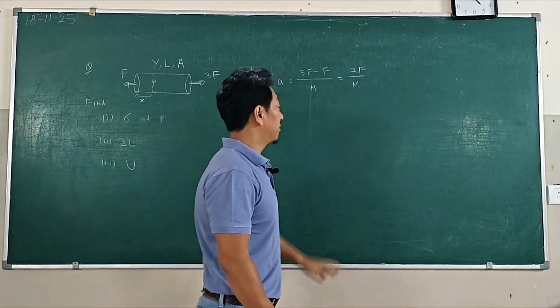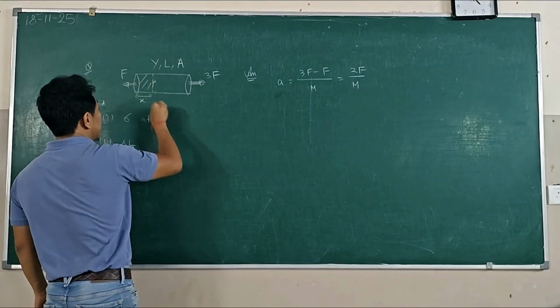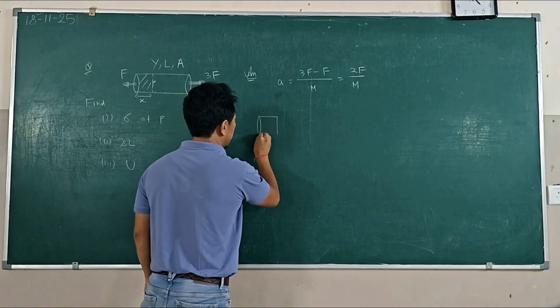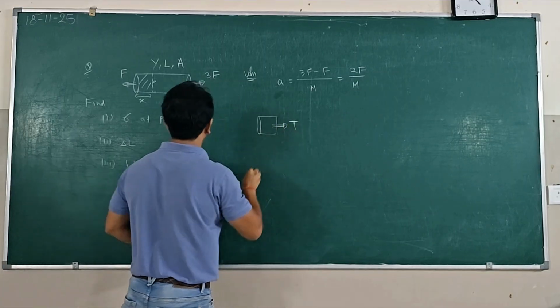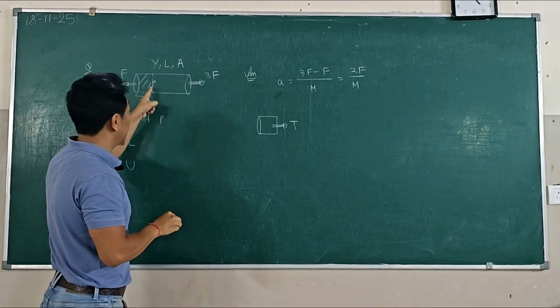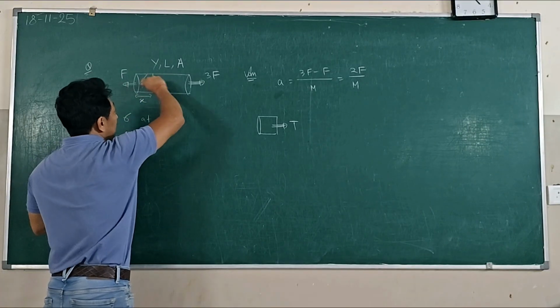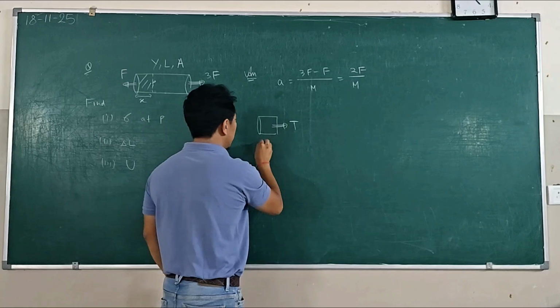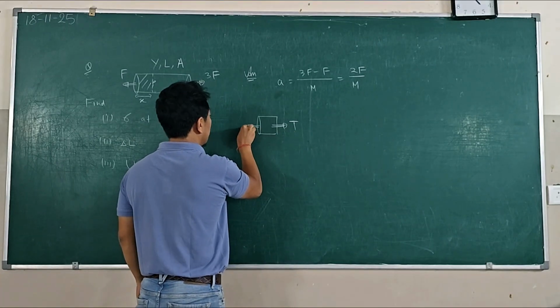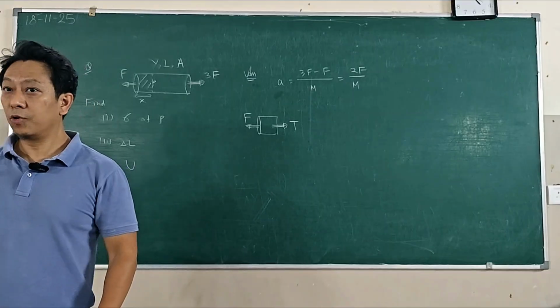3F plus F. Now tell me, if I take this much as the system, here T will act because this is not here. Here the force is 3F, not here. Though this part will be pulled by this part this side. So here tension T, here F. By the way, don't be surprised if T comes minus, because this is a rod.